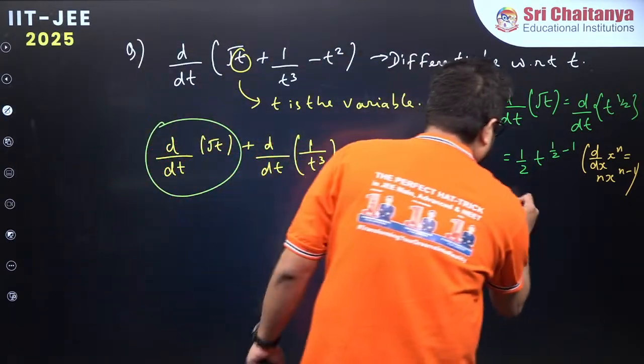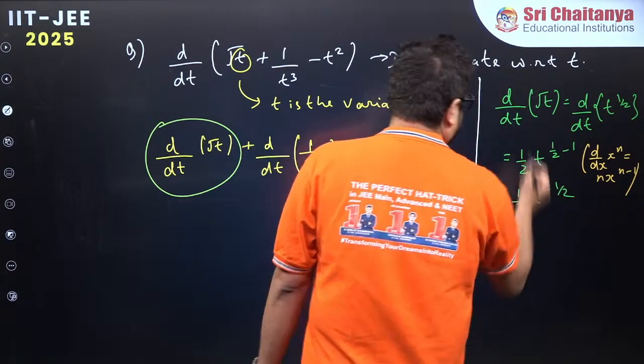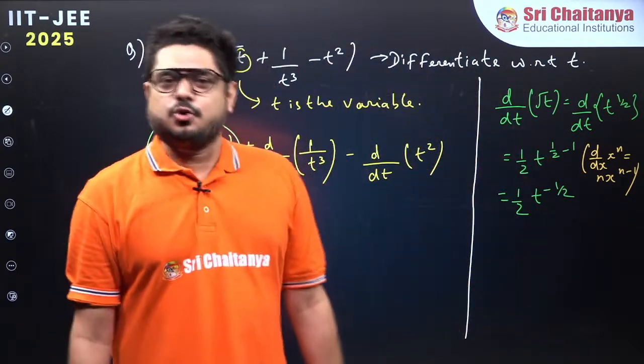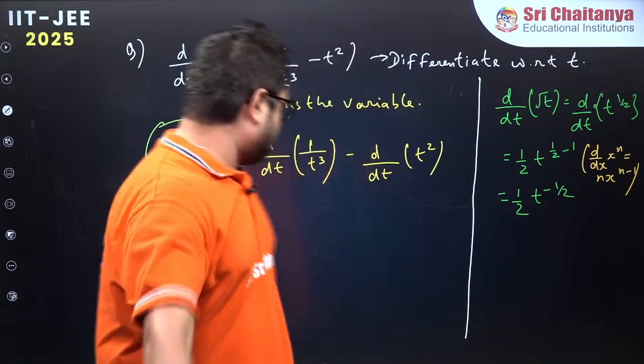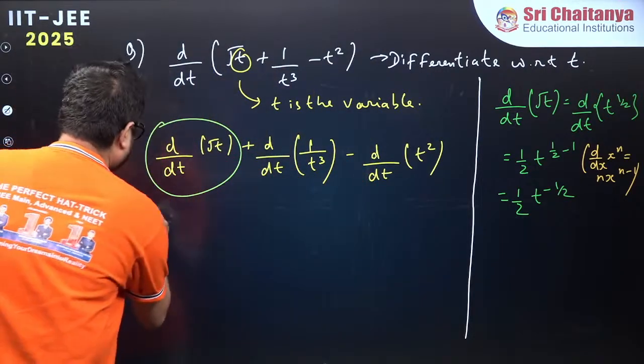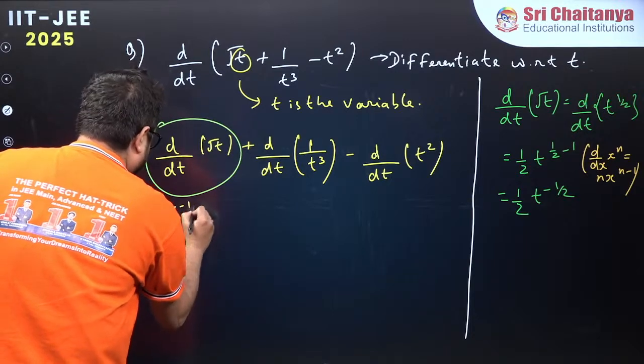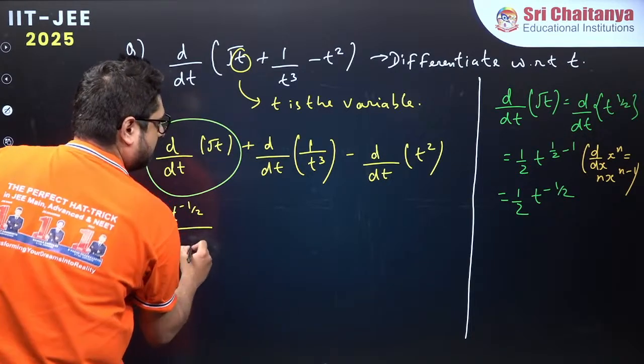So as a result, I will be getting half t to the power minus half as d by dt of root t. Now, yes, you are right. This becomes t to the power minus half by 2.